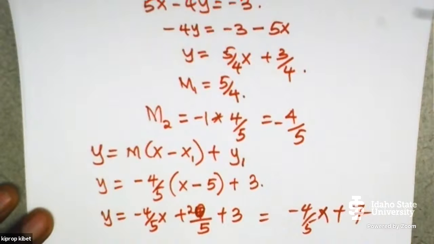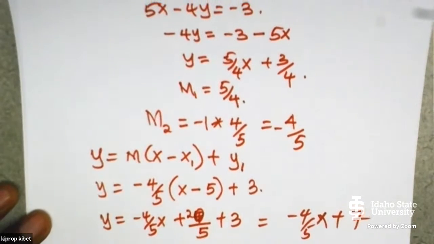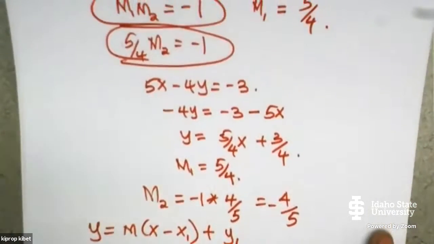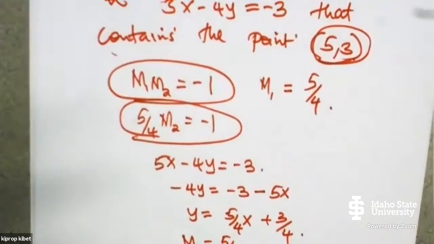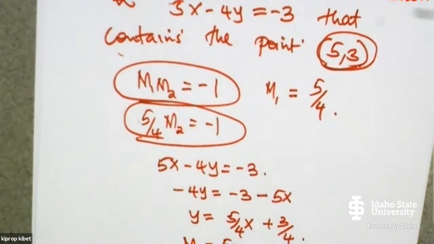To get the second gradient, you just multiply by that 5/4 and it switches sides, pretty much. We know that for perpendicular lines, the gradient of the first one times the gradient of the second one should be equal to -1.